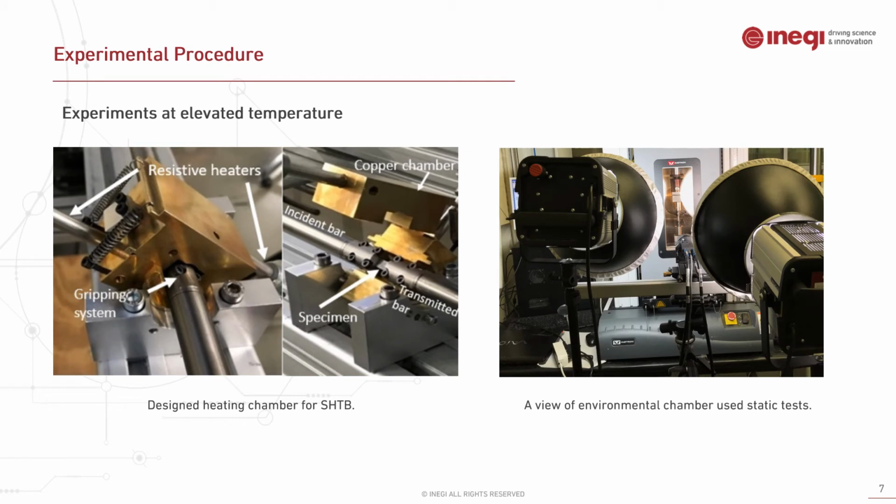And on the right we have the environmental chamber, which we used for our static tests. We studied from room temperature and up to 350, and also the samples were kept around 10 minutes to have a more stabilized temperature inside the chamber.